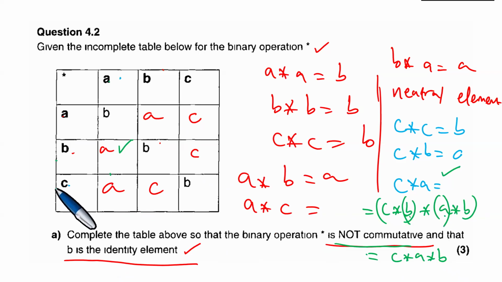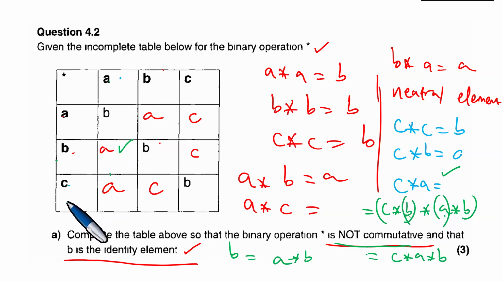But if you're going to do C star A, and you agree that C star A should give us A star B, then A star B would give us exactly a B, which is consistent with this. So now, what should C star A give?